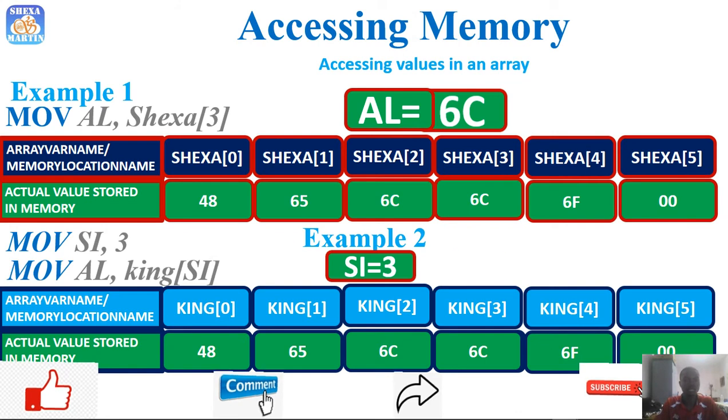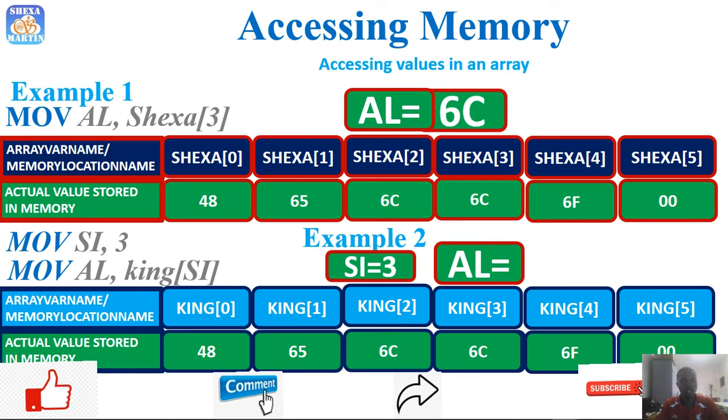So the next thing is we are now moving the value that is at king index value in SI, which is 3. So we are taking the value that is at king index 3, and the value that is at king index 3 is 6C.